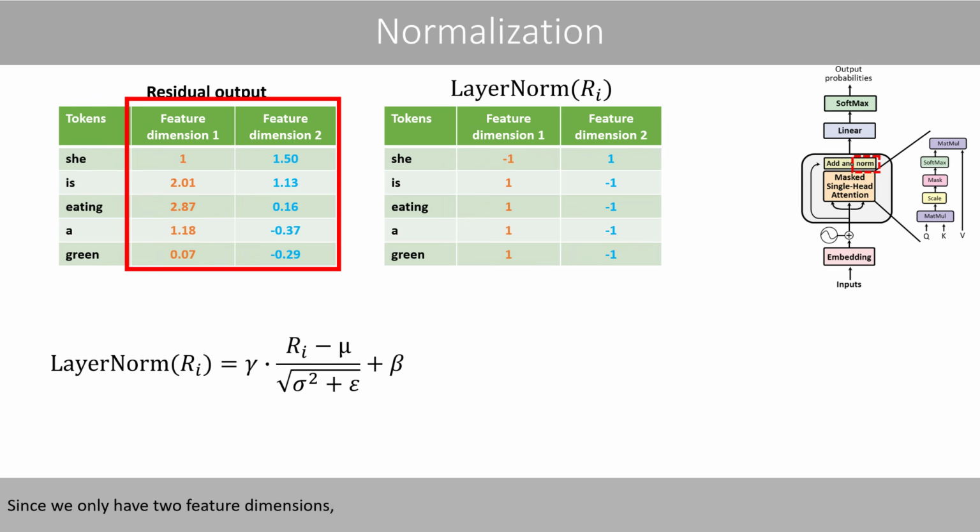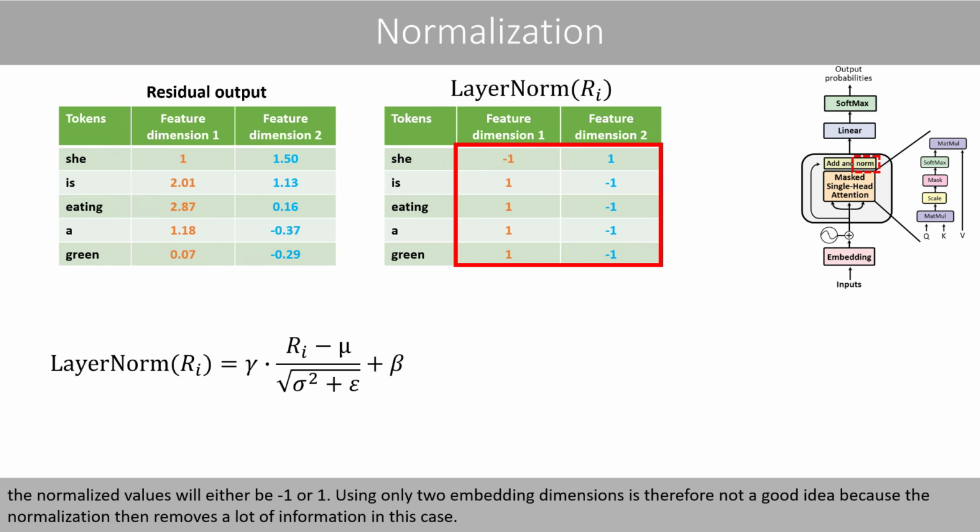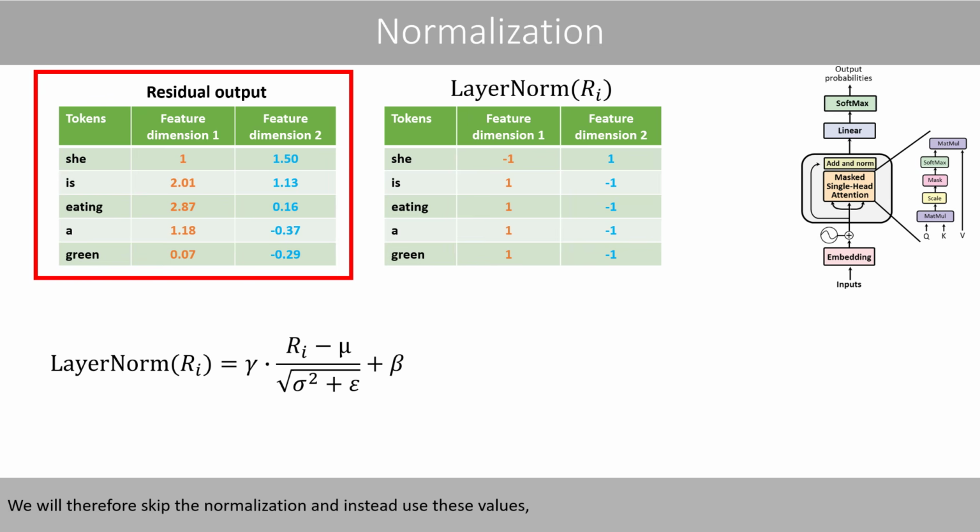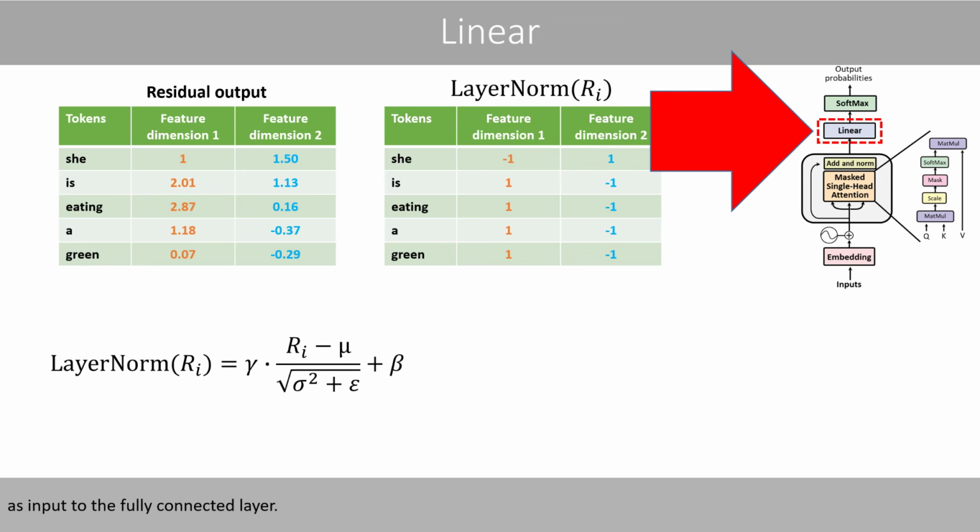Since we only have 2 feature dimensions, the normalized values will either be -1 or 1. Using only 2 embedding dimensions is therefore not a good idea, because the normalization then removes a lot of information in this case. We will therefore skip the normalization and instead use these values as input to the fully connected layer.